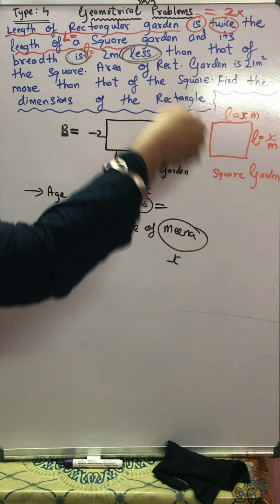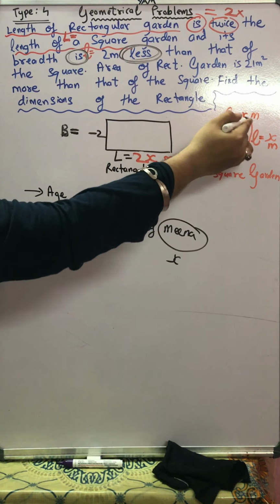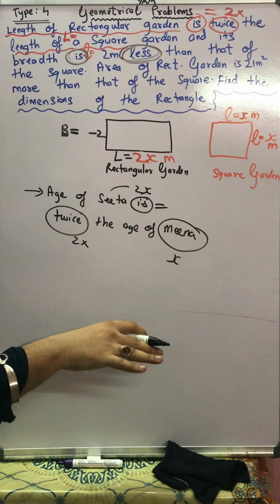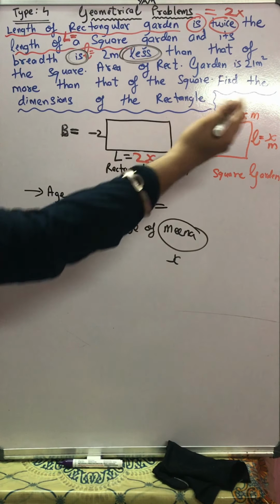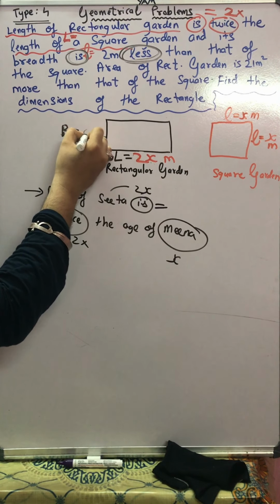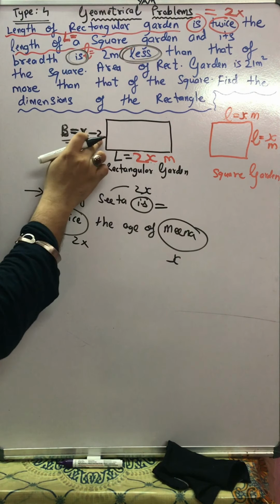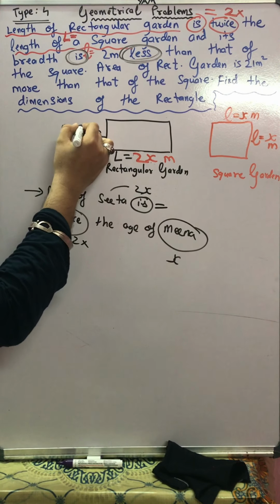But in a square all sides are equal, so its length and breadth are all x. So the breadth of the rectangle is 2 less than that of the square, which is x meters. So I'll keep it in a bracket.